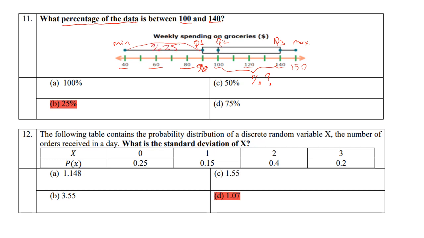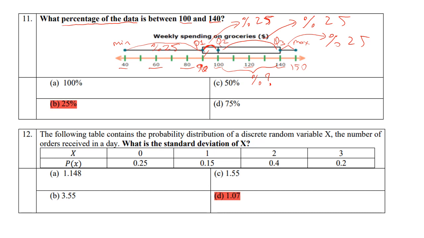Up to quartile 1, we have 25% of the data. And this 25% of the data is also squeezed in between Q1 and Q2. The data percentage between Q1 and Q2 is always 25%, and Q2 to Q3 is 25%, and Q3 to max is 25%, because quartiles are dividing the data into 4 pieces.